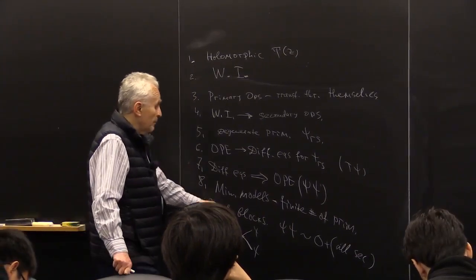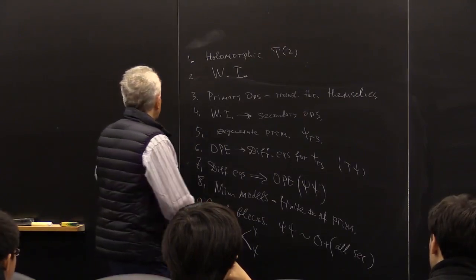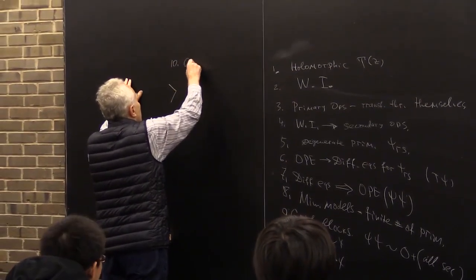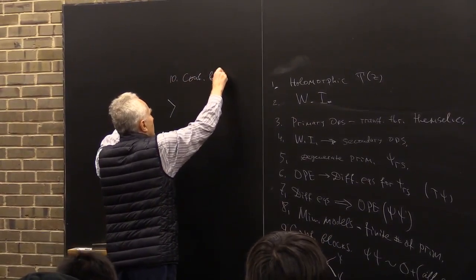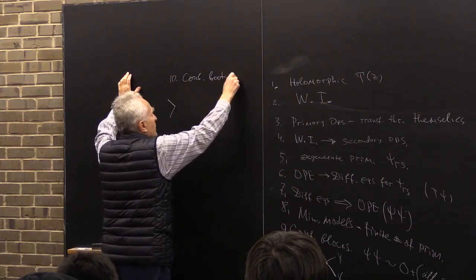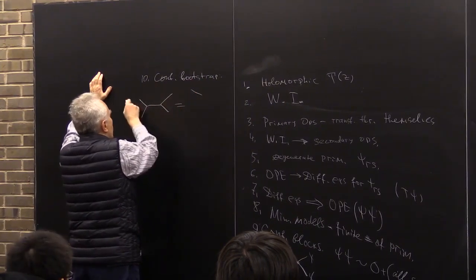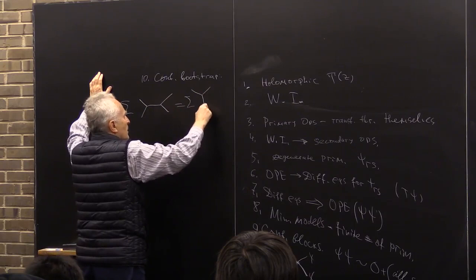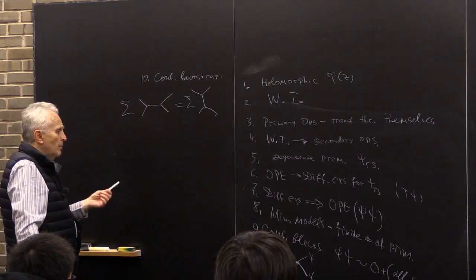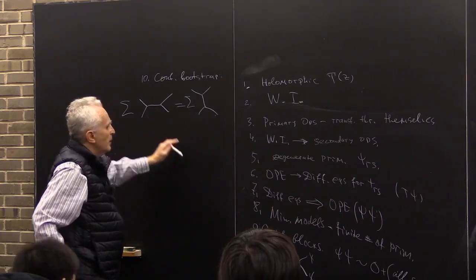And we get something which, when we have only one operator, doesn't yet satisfy the conformal bootstrap condition, which is basically associativity of the operator product expansion. It is just the relation that this sum is equal to that sum.